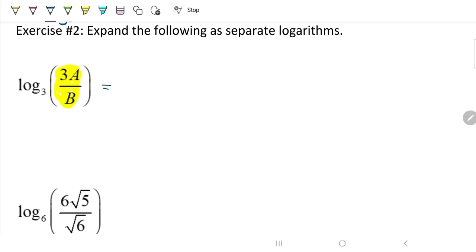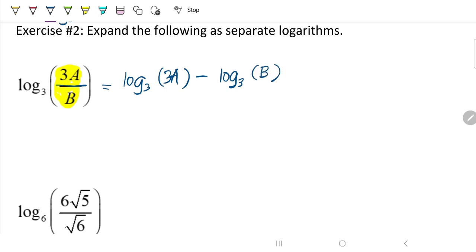So, if we do that, we can rewrite this as log base 3 of 3a, yung nasa numerator. Then, since merong division symbol, we can say that meron tayong minus dito. So, minus log base 3 of the denominator, which is b.